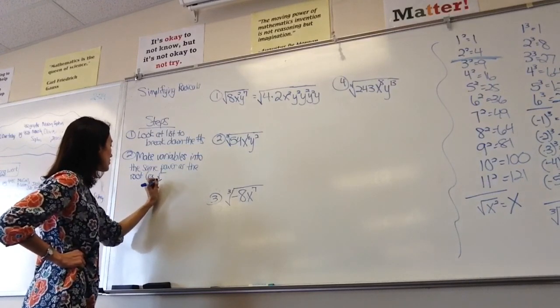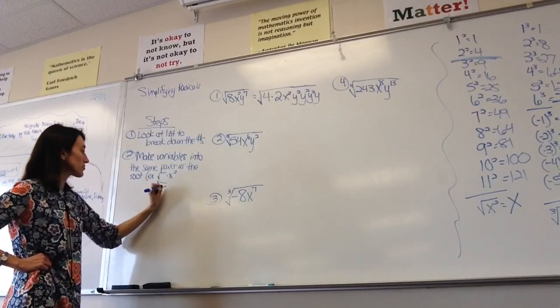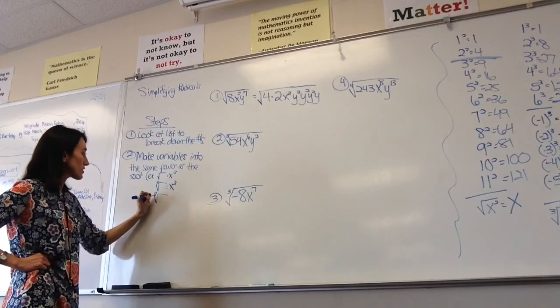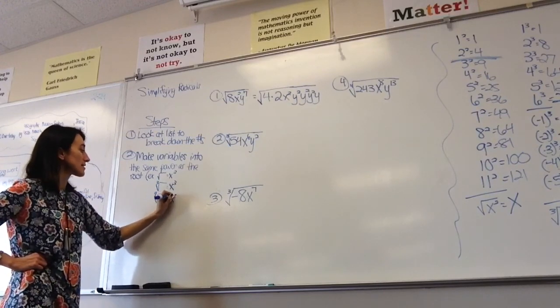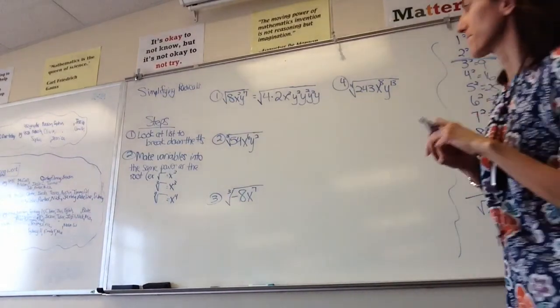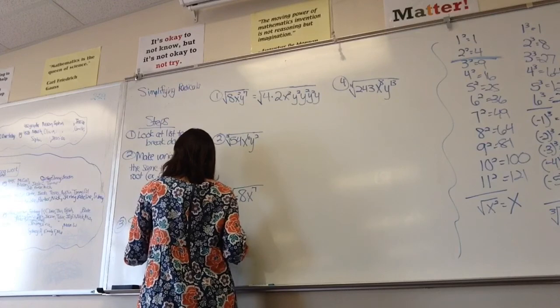Example, square root, you want x squared. Cube root, what do you think we're going to use? X cubed. Fourth root, what do you think we're going to use? X to the fourth. Does that help, Emma? Yeah. And then 3 will be simplified.